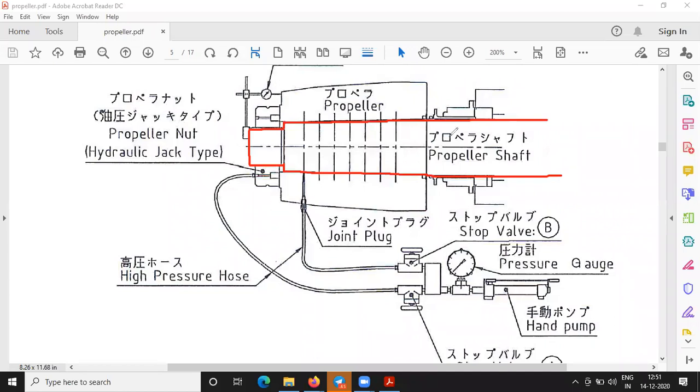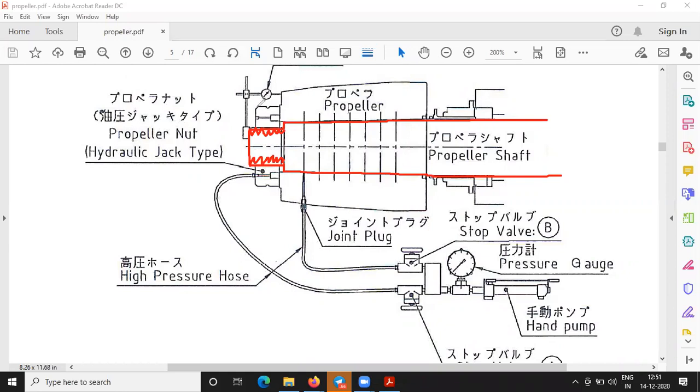Okay. Whatever this red color thing I have drawn is the propeller shaft. See, this portion is the threaded part of the propeller shaft. On this threaded portion, what we do is mount the nut, the propeller nut or pilgrim nut.